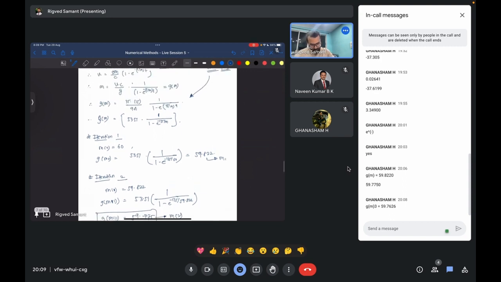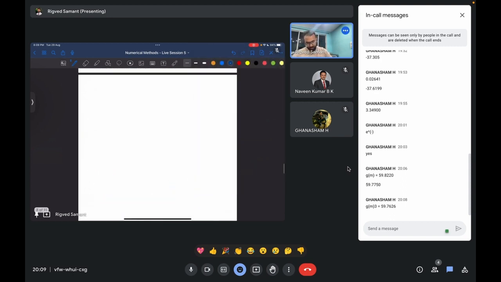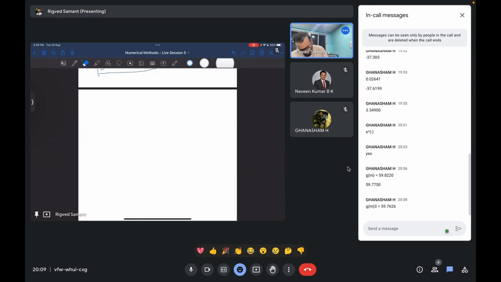Now I said for the Newton-Raphson method, right? In Newton-Raphson, first you need a function of x, or here you will require a function of m. Since we are finding out mass, we need f of m equal to 0.